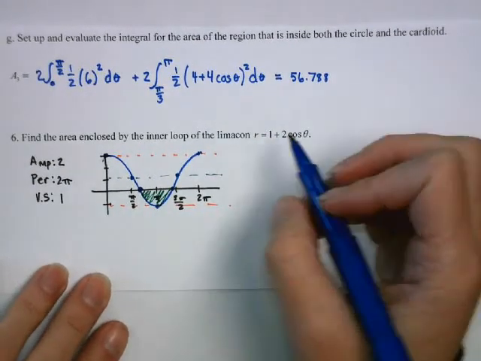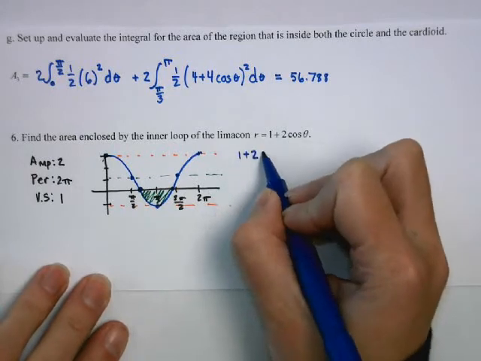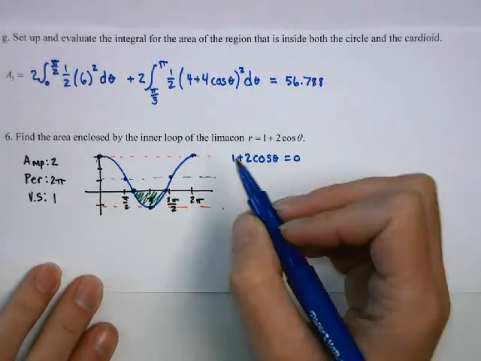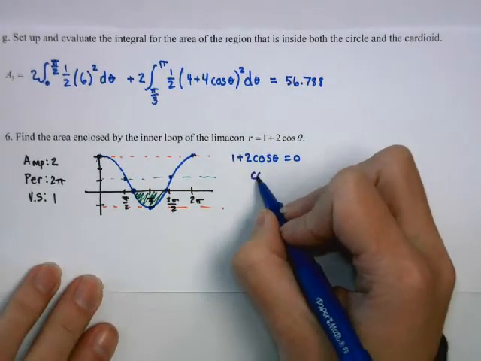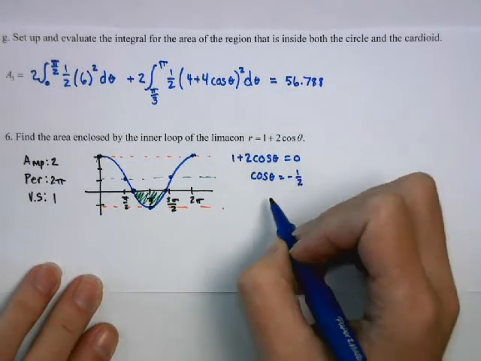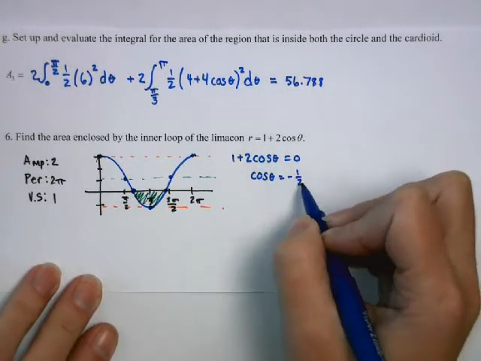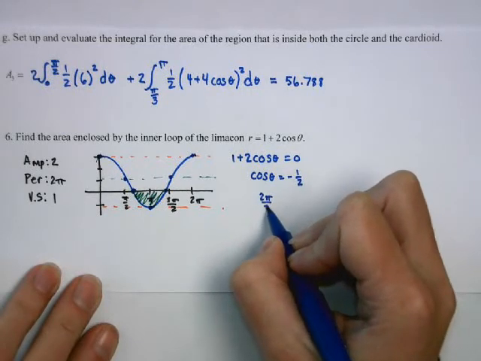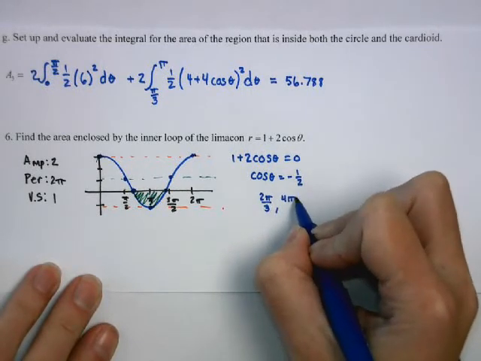So I need to find those points. So that's going to be when 1 plus 2 cosine of theta is equal to 0. So where cosine theta equals -1/2, and that's going to occur at 2 pi over 3 and 4 pi over 3.